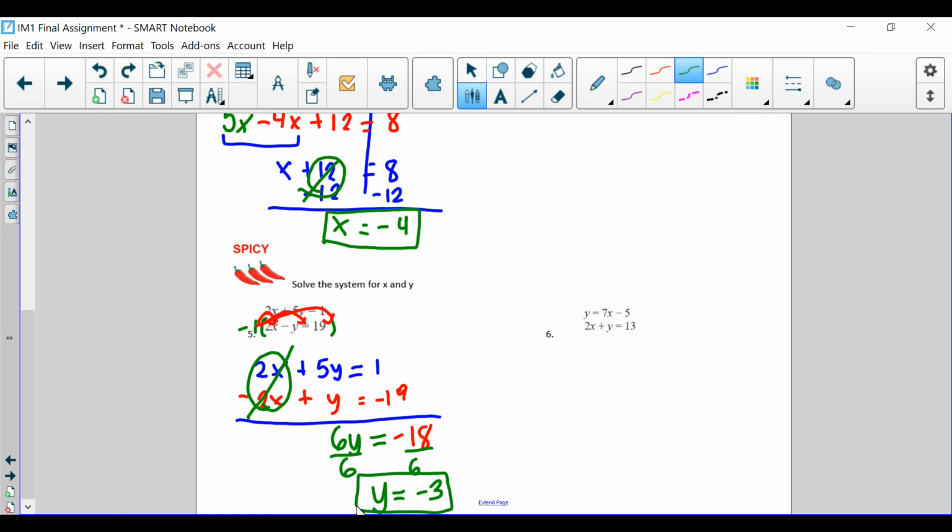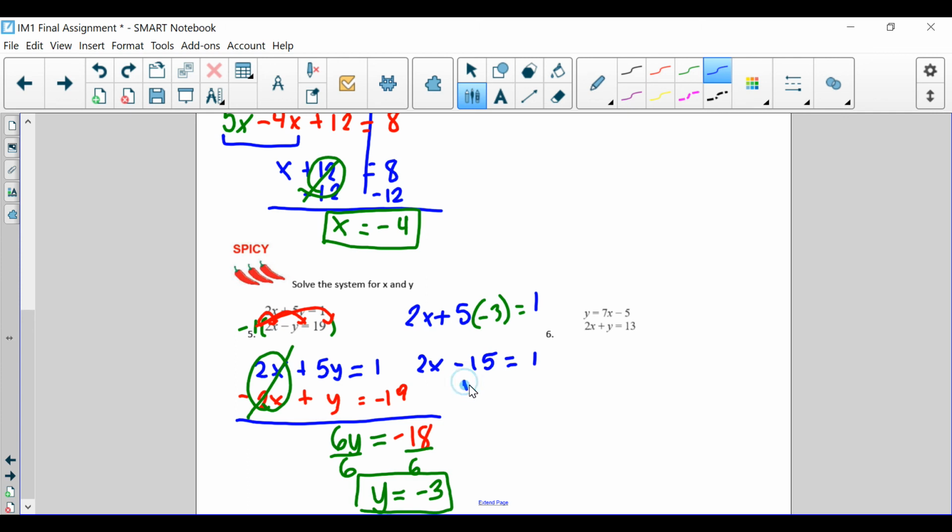Now, if y is equal to negative 3, what are we going to do? We're going to put that into our equation, which looks like this. 2x plus 5 times negative 3 is equal to 1. You know that 2x minus 15 is equal to 1.